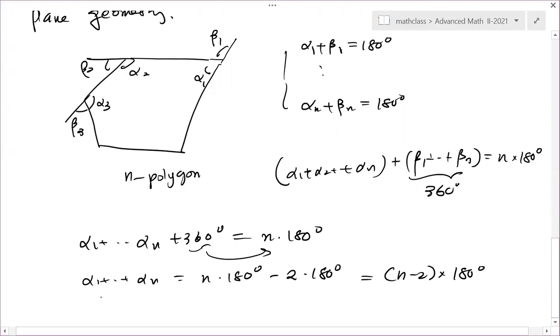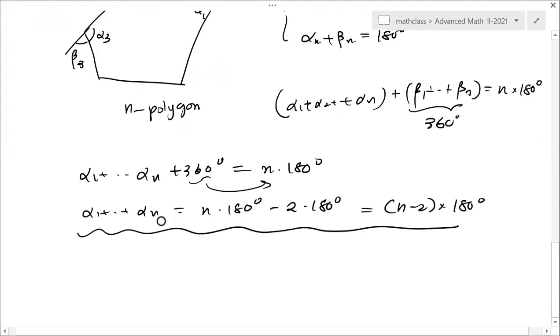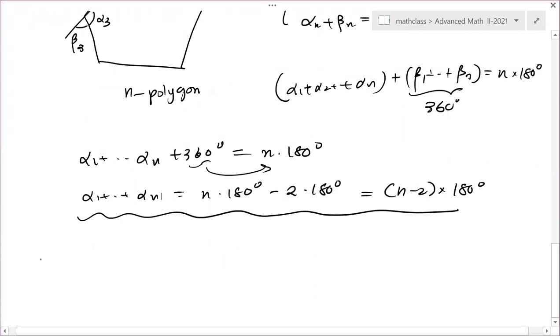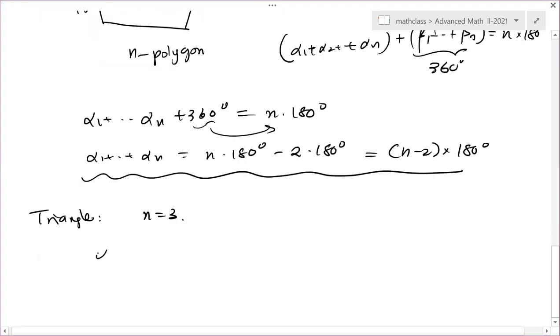This is another formula for the sum of interior angles, but this time it depends on the number of edges. For the triangle, how many edges does it have? n equals 3. So you have 3 angles, alpha 1 plus alpha 2 plus alpha 3, and 3 minus 2 is 1.